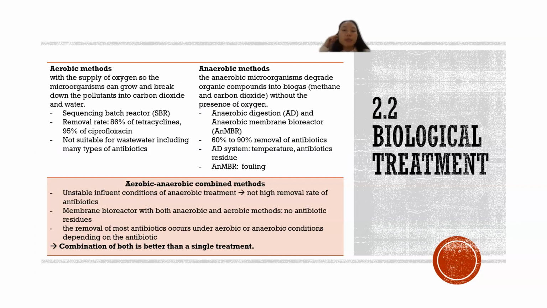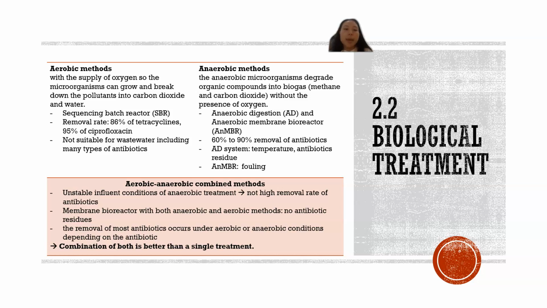Moving to the next treatment method, we have biological treatment, which includes aerobic methods, anaerobic methods, and the combination of both. In aerobic methods, the process has a supply of oxygen, so microorganisms can grow and break down the pollutants into carbon dioxide and water.